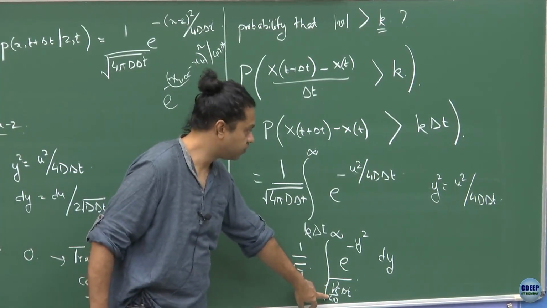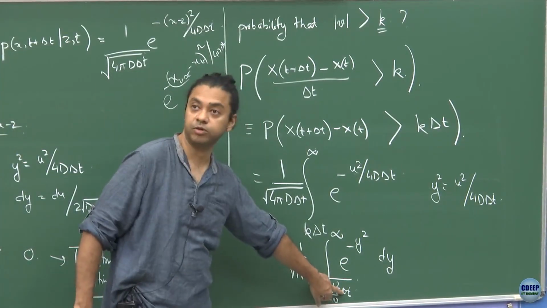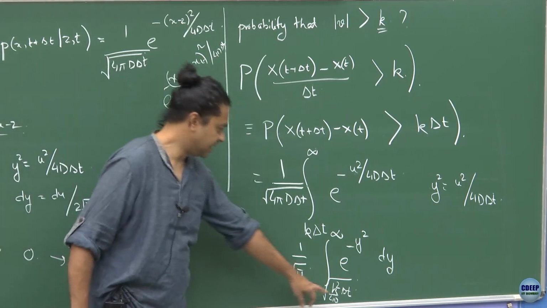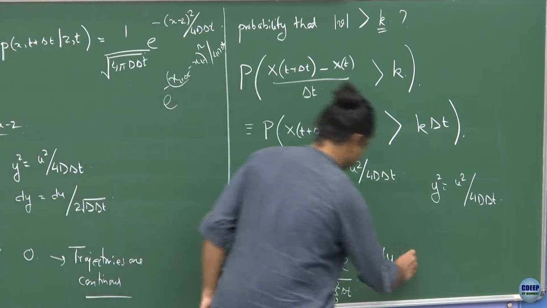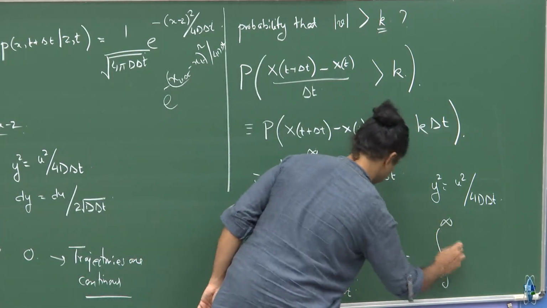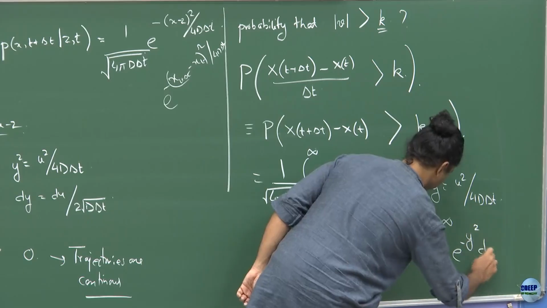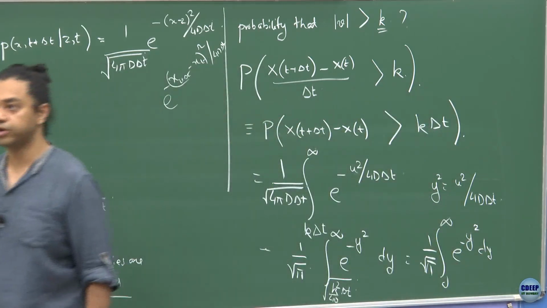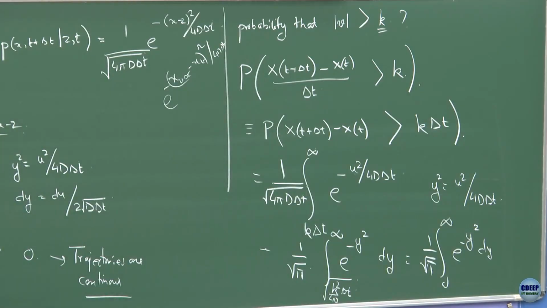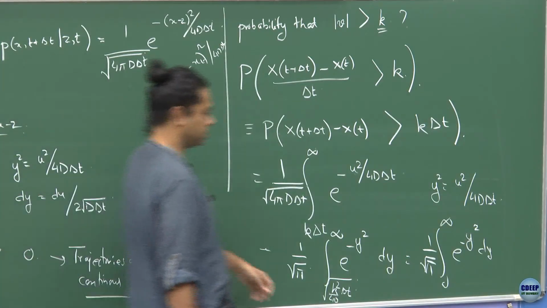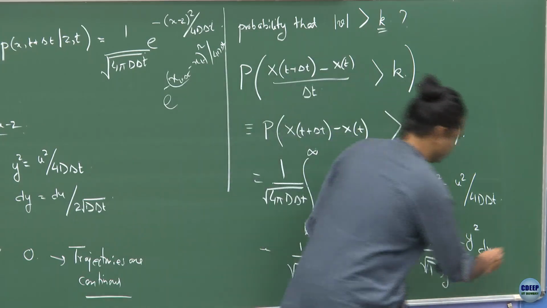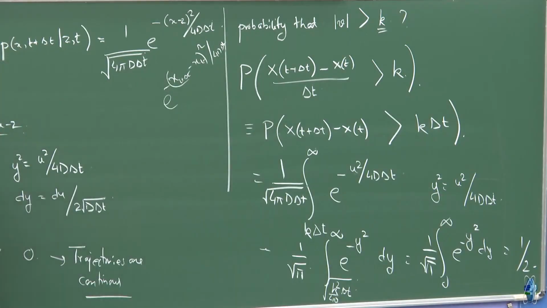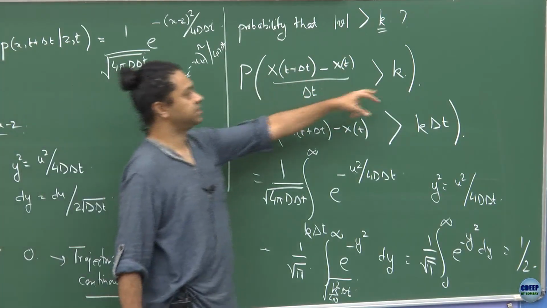K square by 4DΔt in the numerator, and in the limit that Δt goes to 0, this is just this integral, right. So this is the integral from 0 to infinity of e to the power of minus y squared dy, 1 by root pi. This is just my Gaussian integral, and this is half.